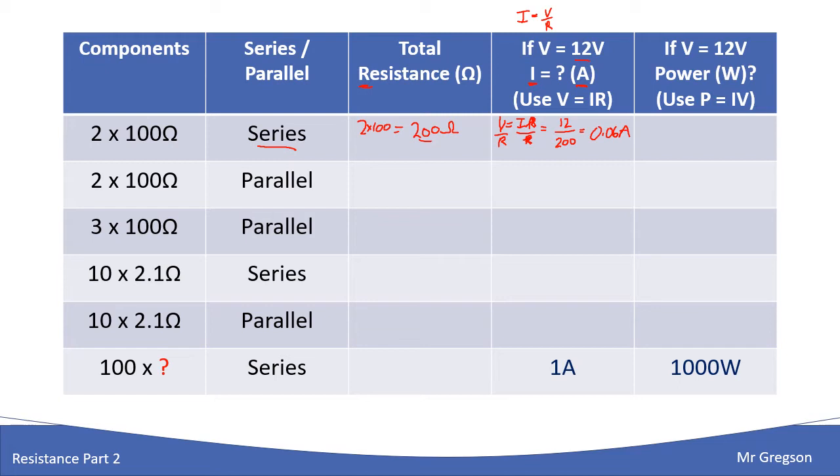Let's do it properly and finish off that top line. It's asking us now what the power is, and it's telling us which equation to use, and thankfully we don't need to rearrange this one.